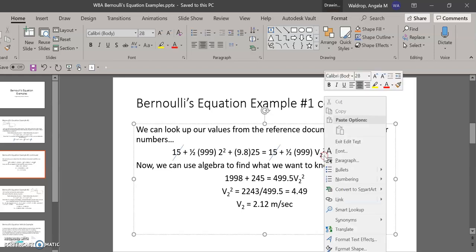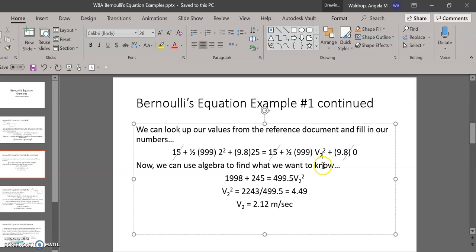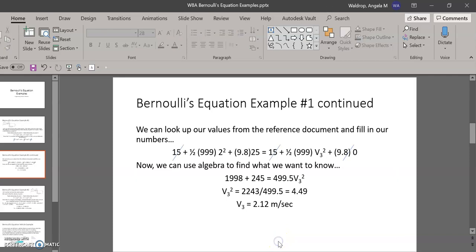So we'll go ahead and correct that. That should be velocity at point 3, and the same down here. I apologize about that. The velocity is 2.12 meters per second.